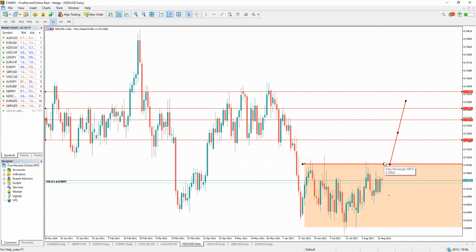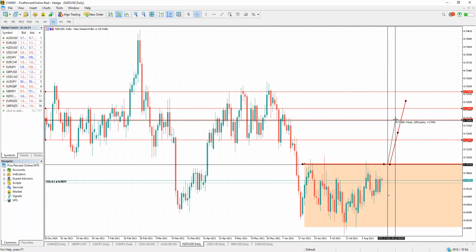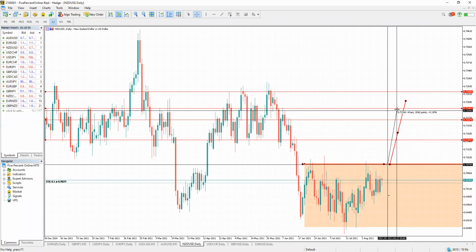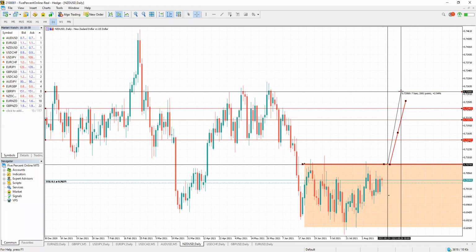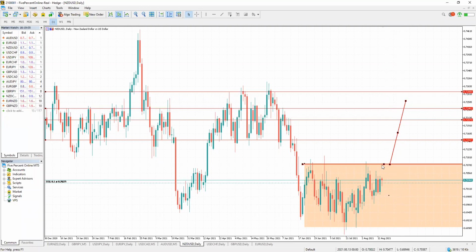Okay, so a break will stop at some of those lines. So there's a good 70 pips or 130 pips or 160 pips, or probably all the way to 200 pips. So that would be a very good risk reward ratio in case we see the break to the upside.